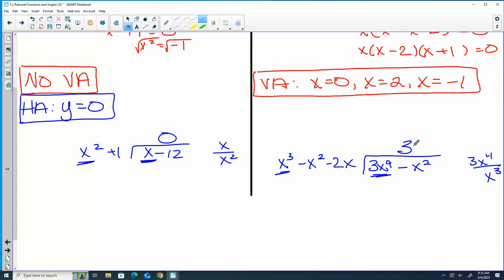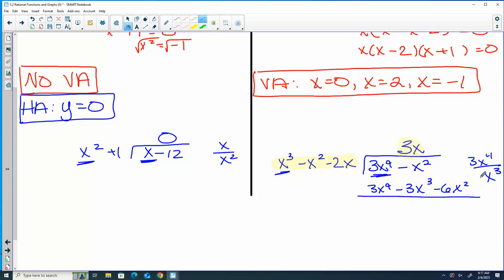Minus 3x. Then we multiply. So you have to take 3x times this whole thing. So that gives me 3x to the 4th minus 3x cubed minus 6x squared.